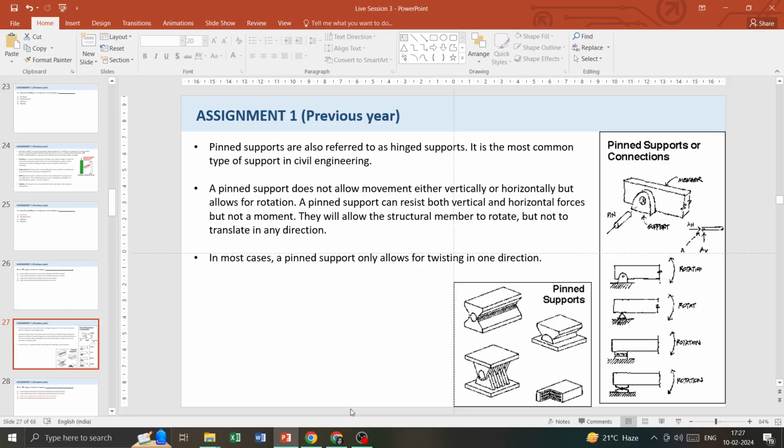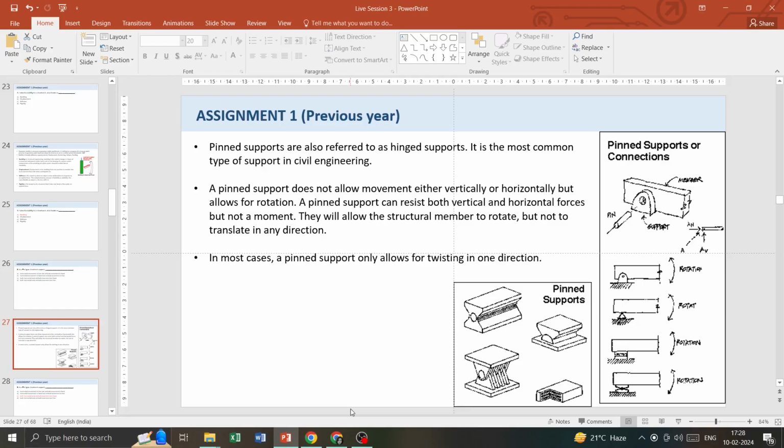So in the structural systems, support systems, one of the upcoming questions clearly defines the different kinds of supports or connections. All these supports and connections are differentiated on the basis of their movement vertically, their movement horizontally, and their movement of rotation.